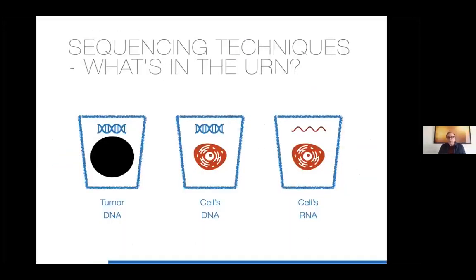Okay, what about sequencing? It's a complex technology, but from a computer science point of view, you can see it more like an urn model. There's something called bulk sequencing. You can take DNA or RNA, but here I will only be talking about DNA.